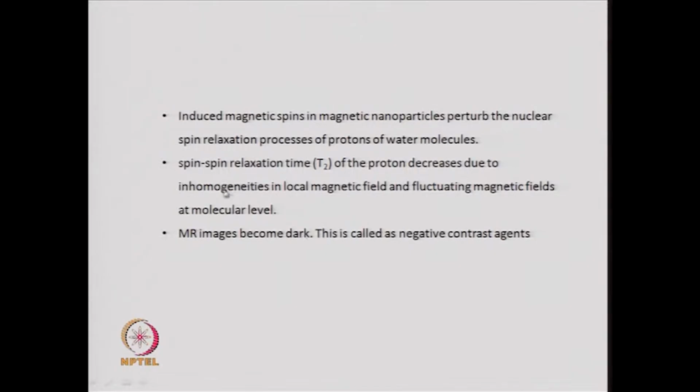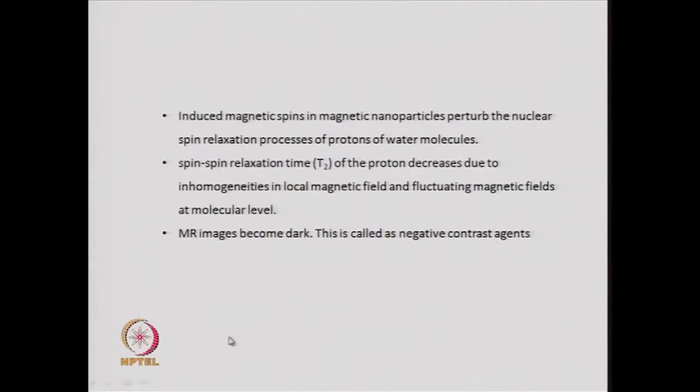So, this is what we discussed, that the particles induce magnetic spin and perturb the nuclear spin relaxation process of the protons of water, and the T2, the spin relaxation time of the proton decreases due to inhomogeneity in the local magnetic field and the fluctuating magnetic fields at molecular level, and the images become much darker, and this is called a negative contrast agent. You can also have a positive contrast agent, where the images will become lighter.